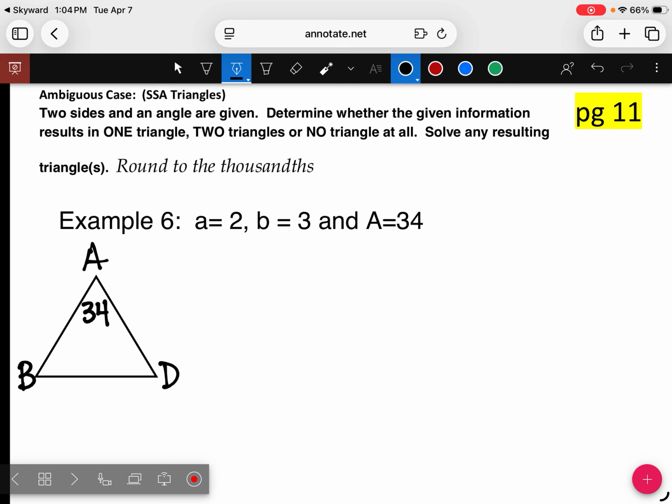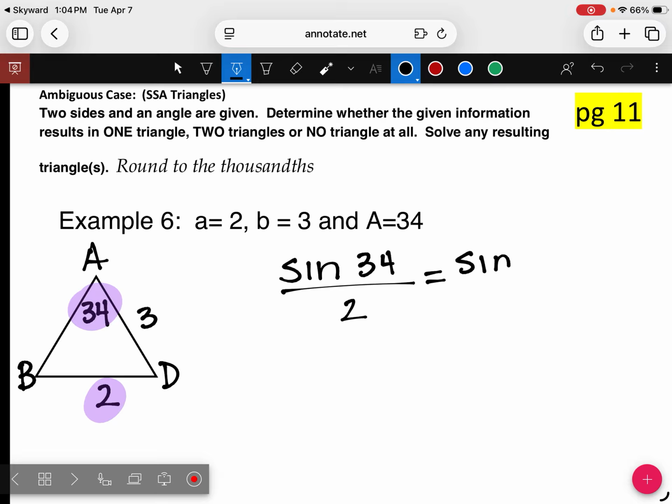Little a is 2. Little b is 3. So we're going to set up the law of sines using big A and little a. So we have sine of 34 over 2 equals the sine of angle B over 3.